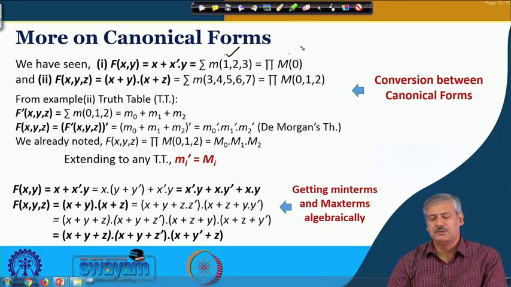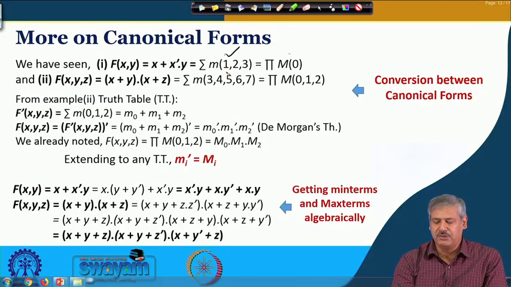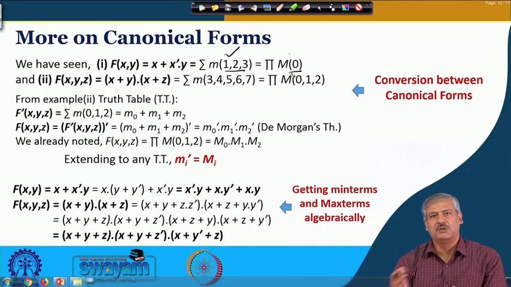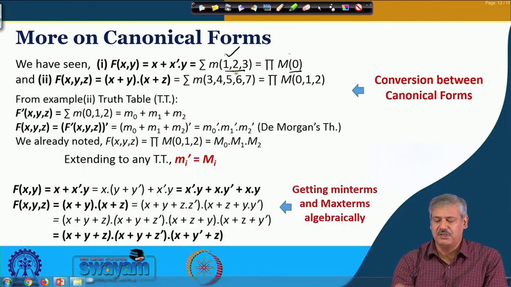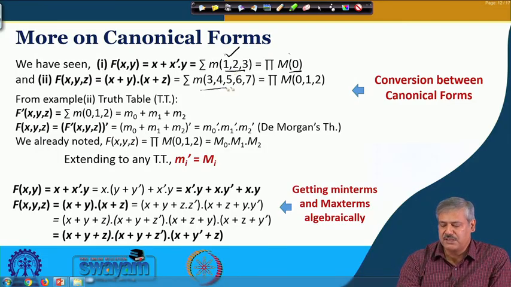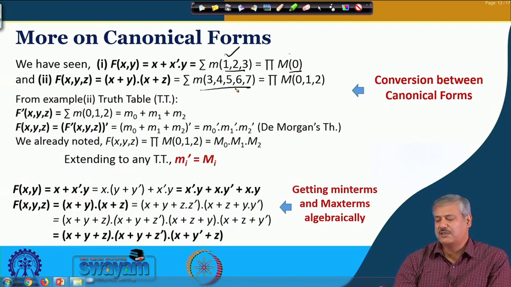So, there are 4 possible terms in terms of decimal equivalent 0, 1, 2, 3. If 3 go here, the remaining one out of the whole set is in the other case. So, if Minterm contains 1, 2, 3, Maxterm will contain 0. In the next example, the Minterm contains 3, 4, 5, 6, 7 and Maxterm contains 0, 1, 2. For a 3 variable problem, possibilities are 0 to 7, 8 possibilities.